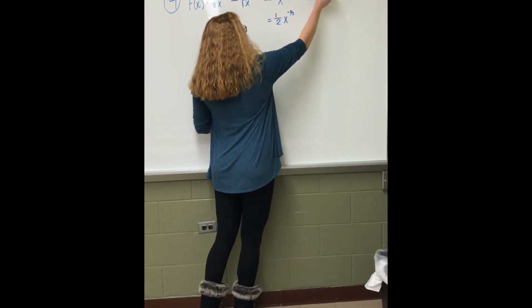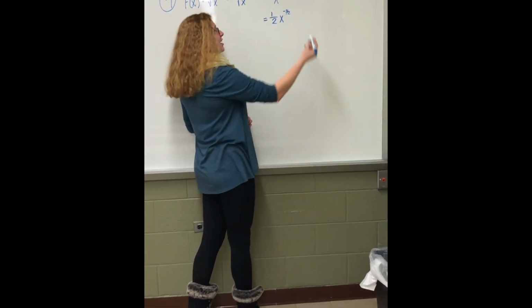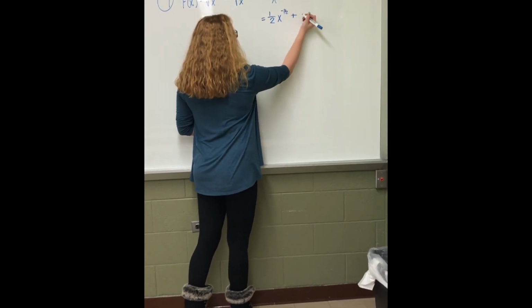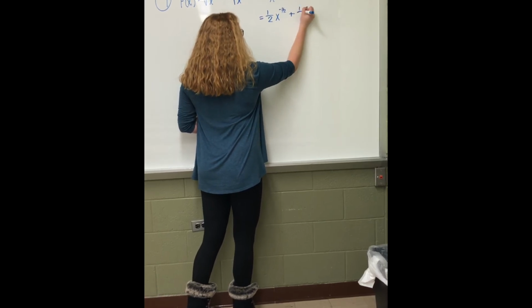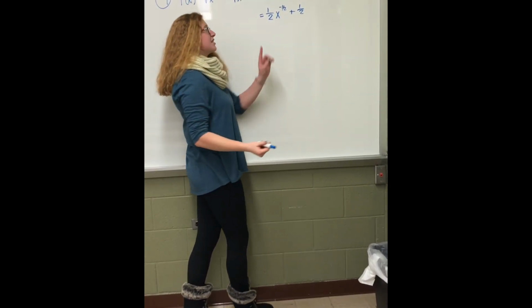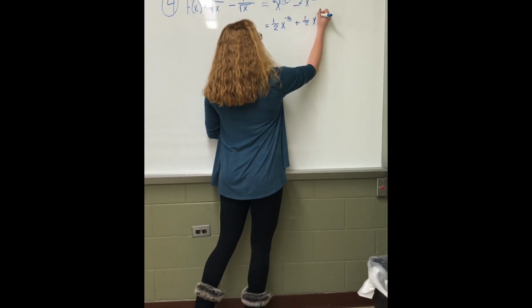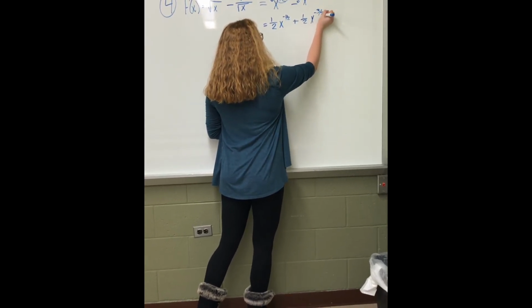And then you would take this power of negative 1/2, and since you already have a negative out front, it becomes a positive. So you'd have a plus 1/2, and then you'd subtract another 1 from negative 1/2, which would leave you with negative 3/2.